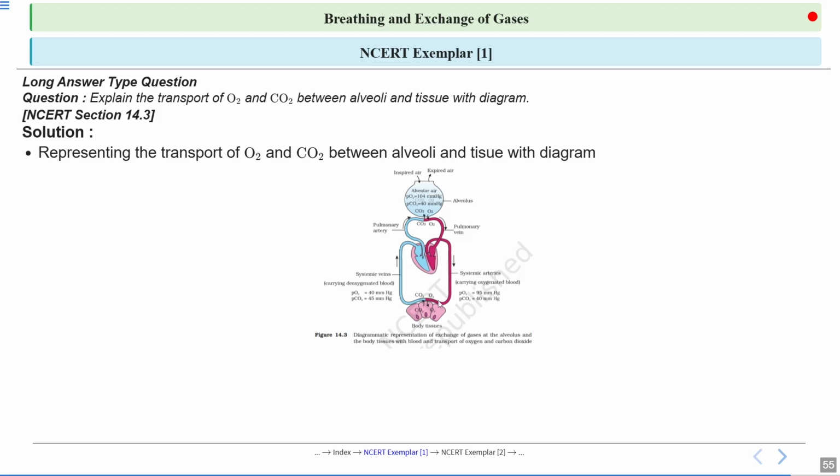Now when it reaches the tissue, the oxygen moves to the tissue, as it is having a very low partial pressure of oxygen, and carbon dioxide is more, that is 45, so it will move into this blood, and the blood becomes deoxygenated in the capillaries.